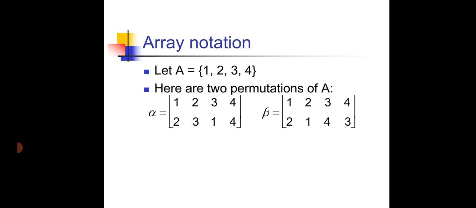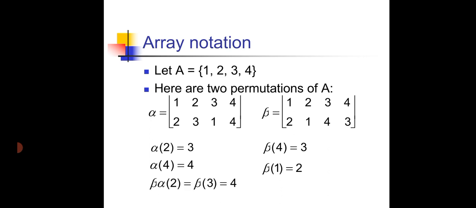And beta maps 1 to 2, 2 to 1, 3 to 4 and 4 to 3. So I have explained here that alpha of 2 is mapped to the element 3, and alpha of 4 is identity, that is again mapped to 4. Similarly, beta of 4 is mapped to 3 and beta of 1 is mapped to 2.